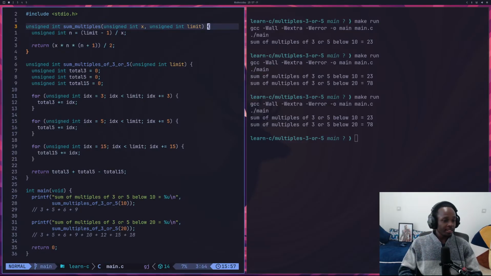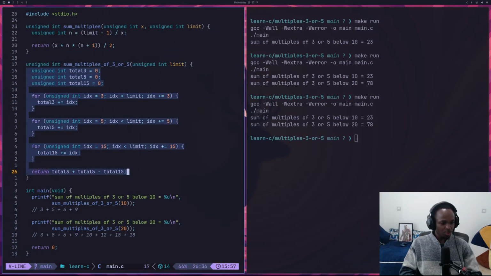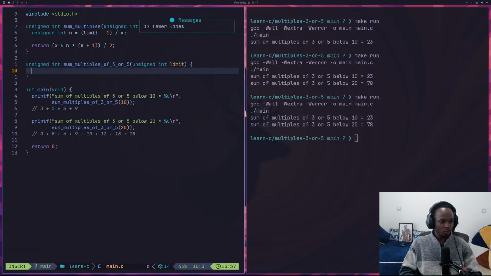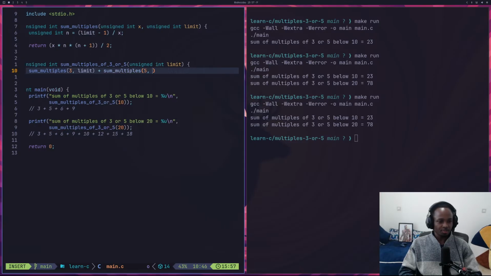So we have that. Now it's time to call that function down here. We are going to replace all this with sum_multiples, and then we provide the x. Let's start with 3, and then we drop the limit there, then plus sum_multiples for 5.